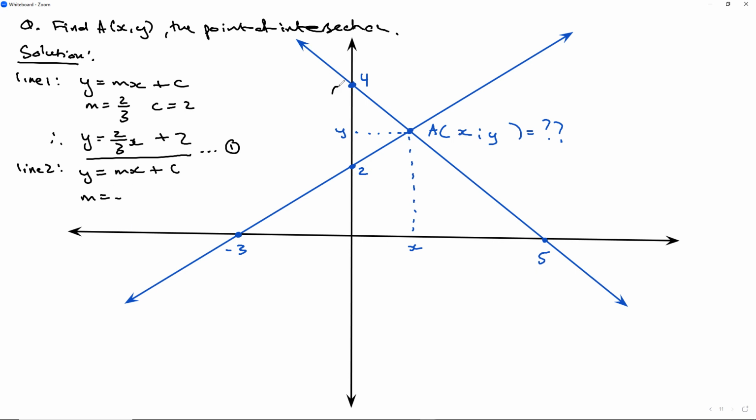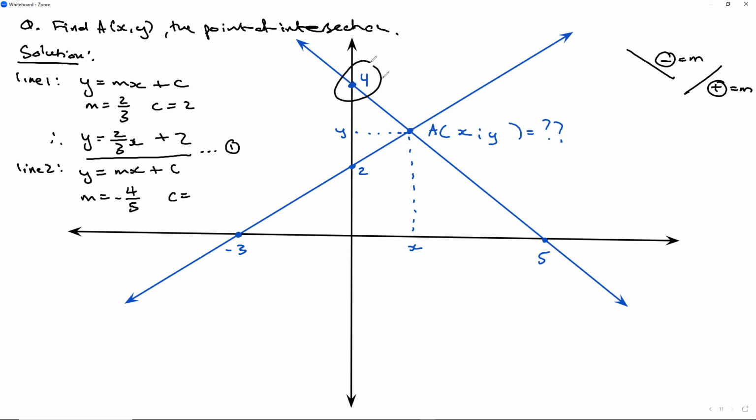This is 4, and this is 5, so the gradient is going to be -4/5. I'm not going to put the x in yet, that's just the gradient. So 4 is your rise, and 5 is your run. So 4/5 gets you the gradient, and it's negative because it's sloping towards the left. Any line that slopes towards the left is negative. Any line that slopes towards the right is a positive gradient.